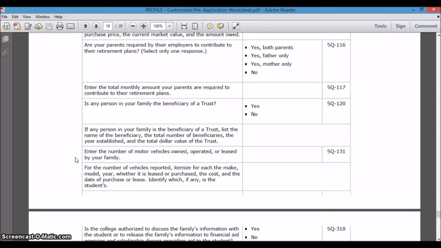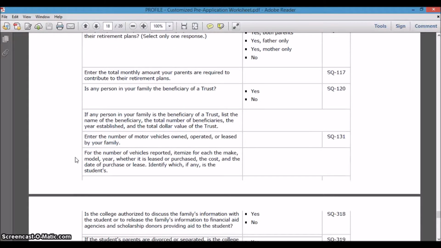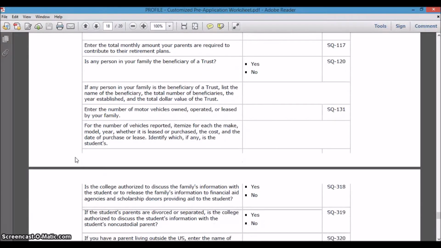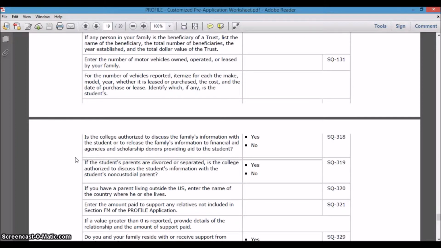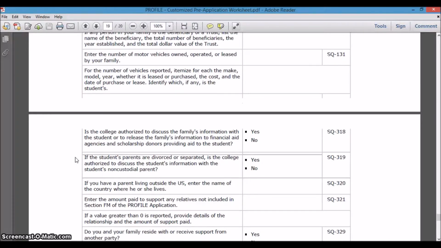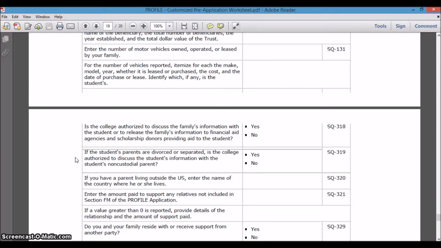But most of them would not be applicable until you get to the motor vehicles that you own. If you own any cars, just list how many cars you own and the amount of money you pay for the maintenance of the cars.